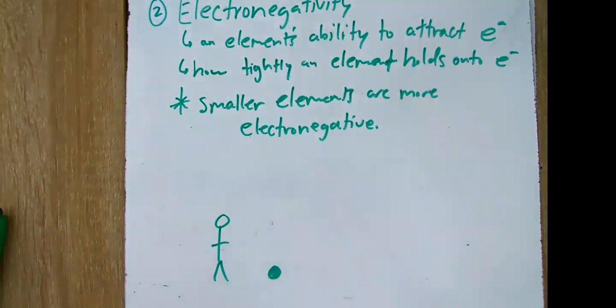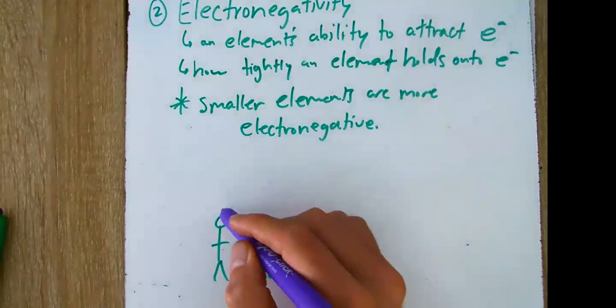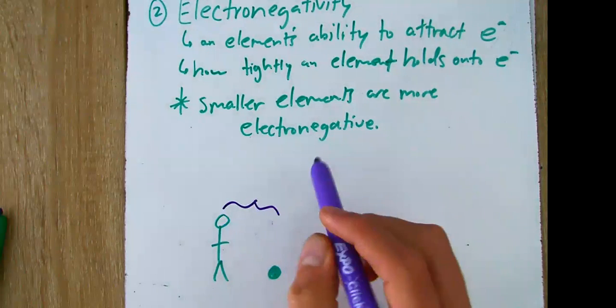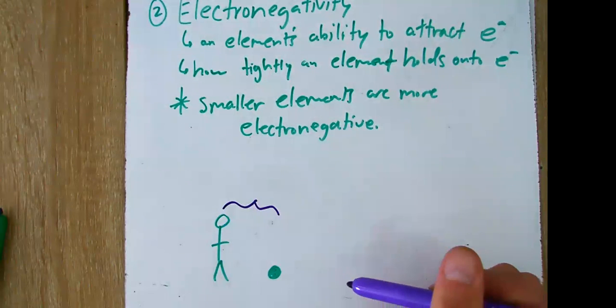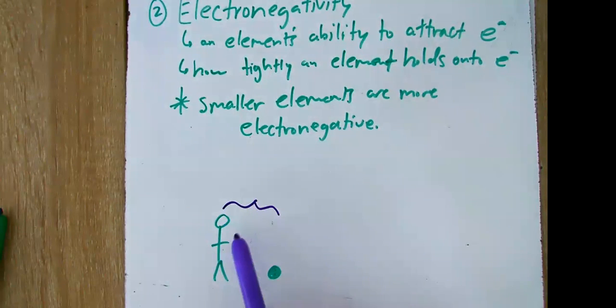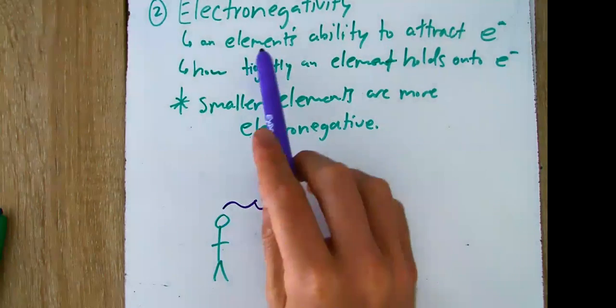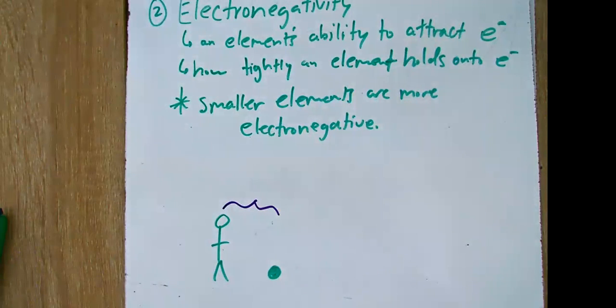The closer the ball is to the person means they have better ball skills, and the ball skills are like the element's ability to attract electrons.